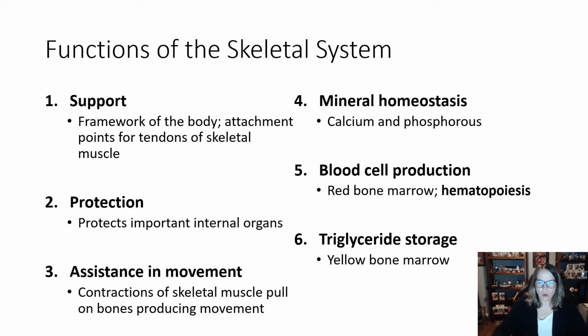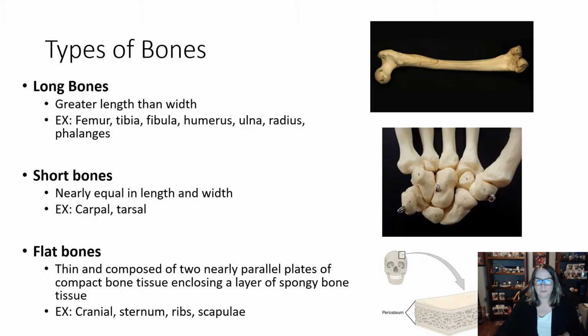So the word that we use for that is hematopoiesis or hemopoiesis, and that root word, hemato or hemo, means blood. And we'll talk more about that in our second unit when we actually go through the process of blood formation. So all of these are different things that our skeletal system actually does.